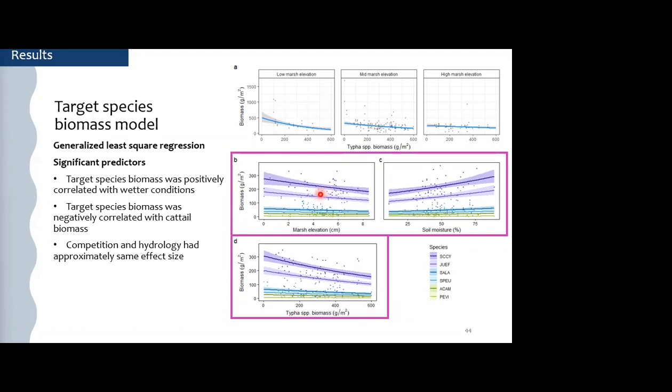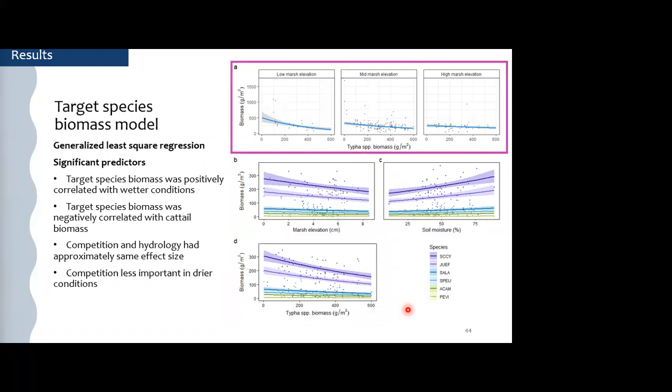For B, C, and then D, the hydrology and the competition had approximately the same effect size. So asking which is more important, they were approximately the same. They had the same effect size on target species biomass.